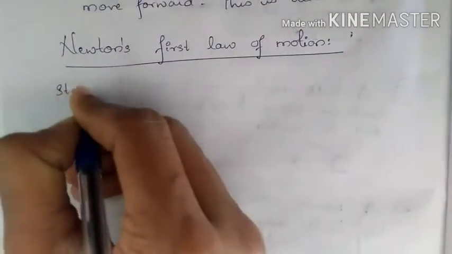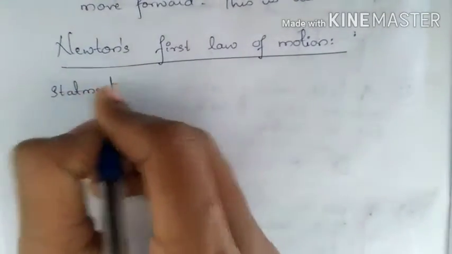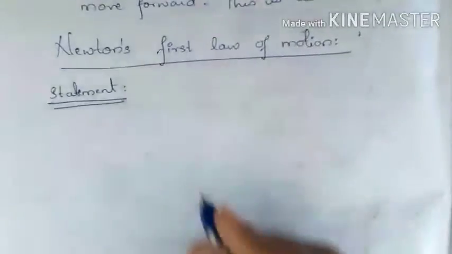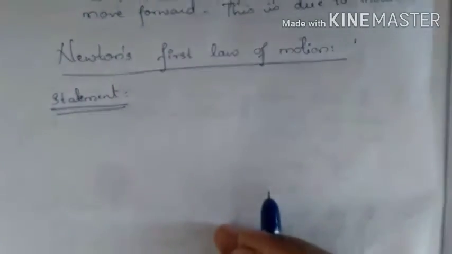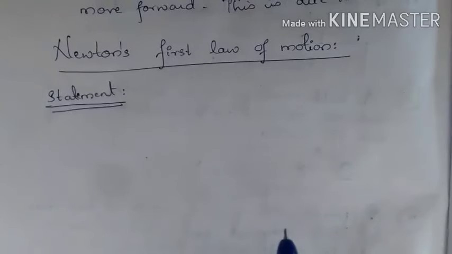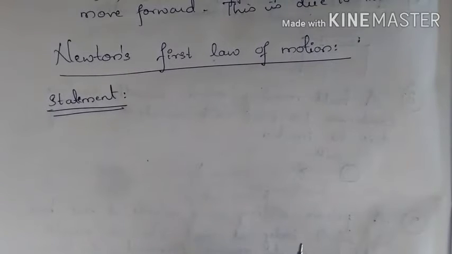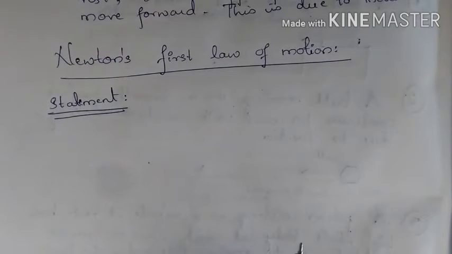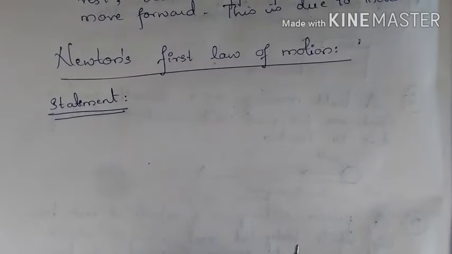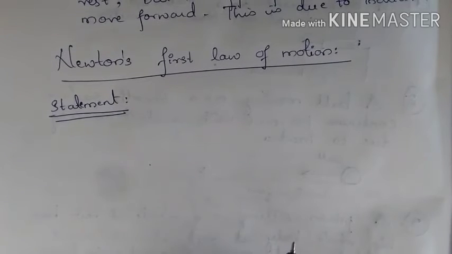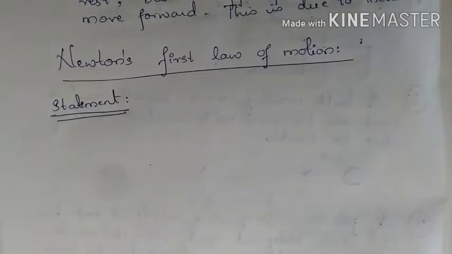The statement for this first law is: every body continues to remain in its state of rest or of uniform motion along a straight line until and unless it is compelled by an external force to change that state. So this is Newton's first law. I'll write the statement here.